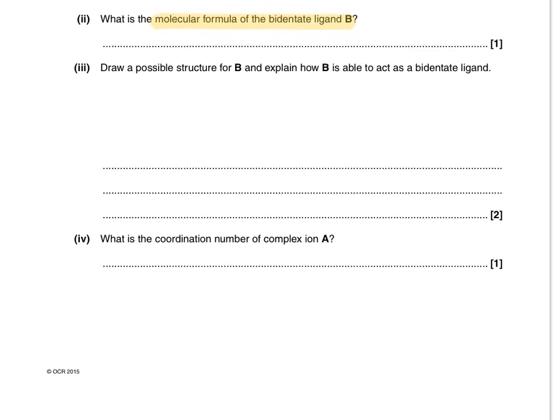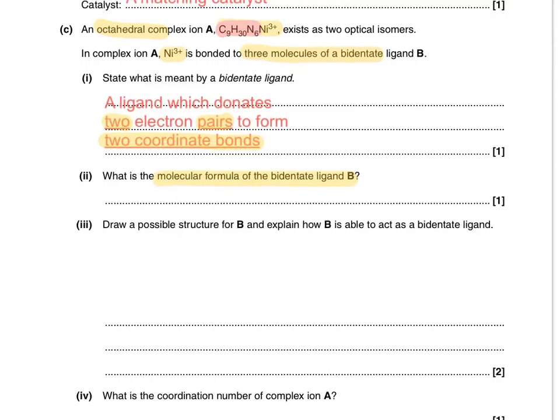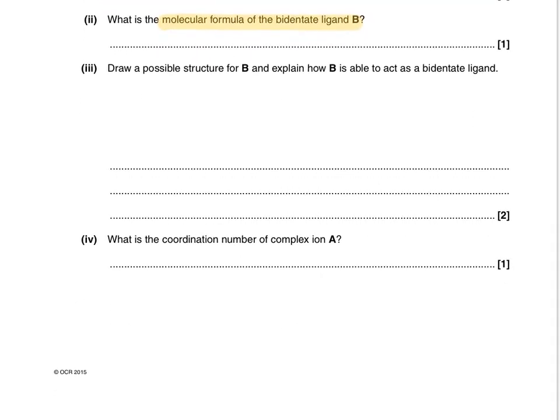So the molecular formula of the bidentate ligand B, we said a little bit earlier, didn't we, that you're dividing C9H30N6 by 3. So it's obviously going to be C3H10N2.